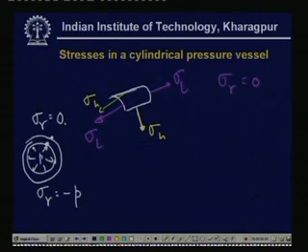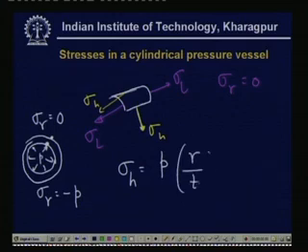Now, if you have a very thin cylinder, then what will be the order of sigma h? This is p times r by t. Now, if r is much larger than t, then we get sigma h much larger than p.